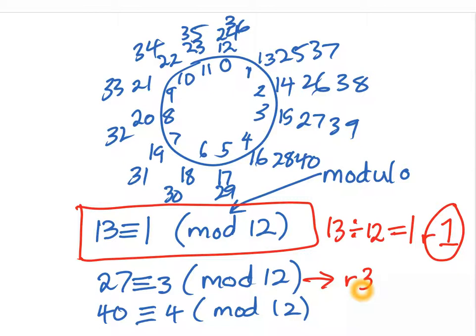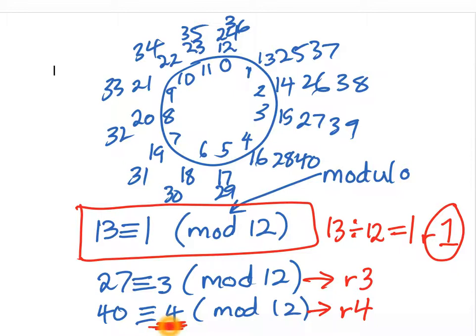And it's the remainder I care about. If you divide 40 by 12, well, 3 12s are 36 and the remainder is 4. Can you see how 40 is congruent to 4 mod 12? You don't have to count round the clock. You can just look at the remainders.